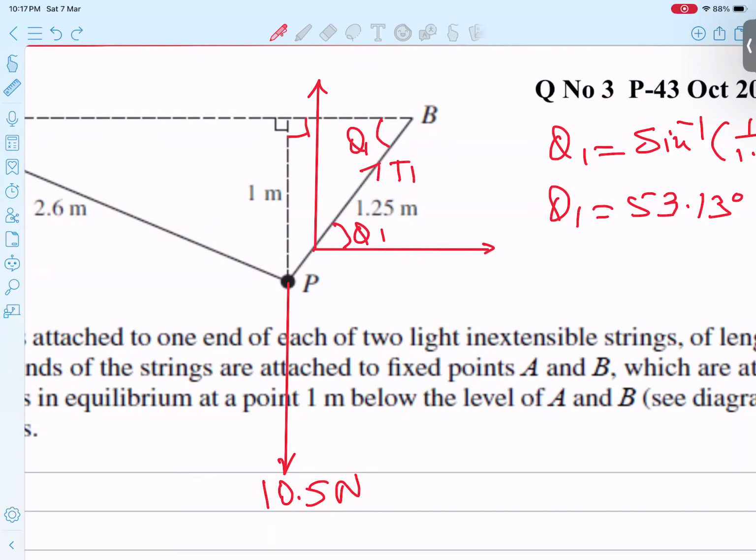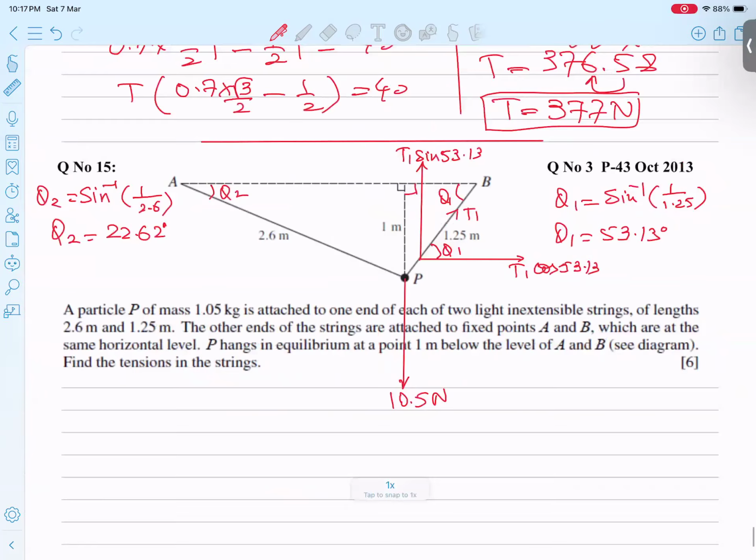I think the idea is clear. So this is T1 cos theta 1, and theta 1 is 53.13. And what about this? T1 sine 53.13. I think the idea is clear. Let's talk about this one.